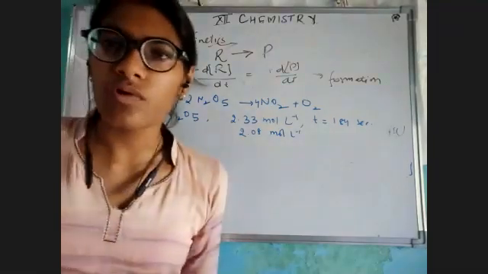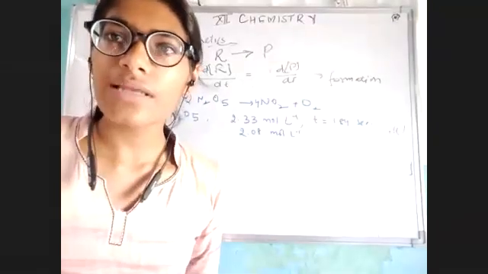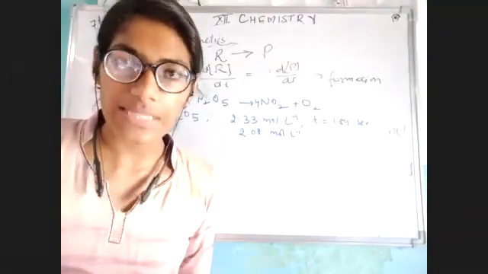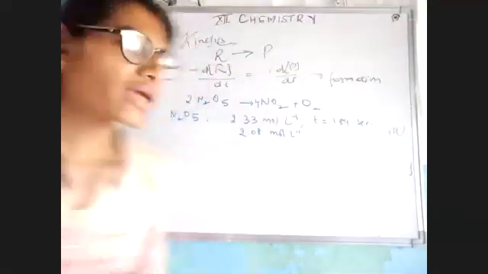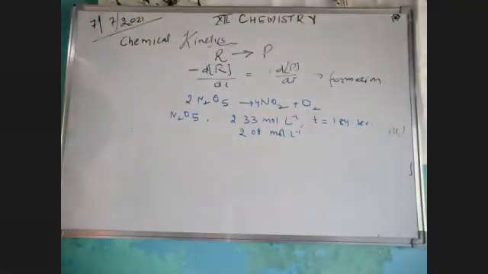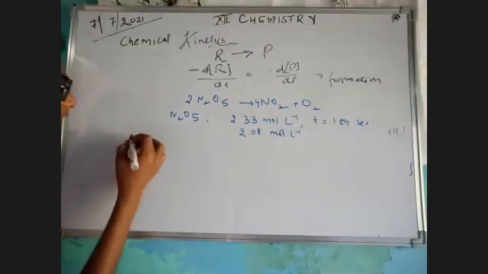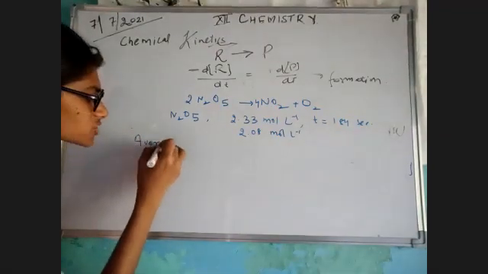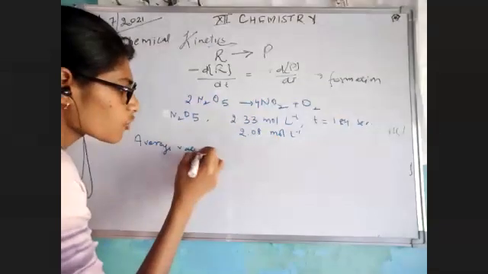I have told you about the average rate, and in today's class I have told you about the rate of disappearance as well as rate of formation. So let's see how this reaction could happen. First of all, if I have to calculate the average rate, the formula would be the same.